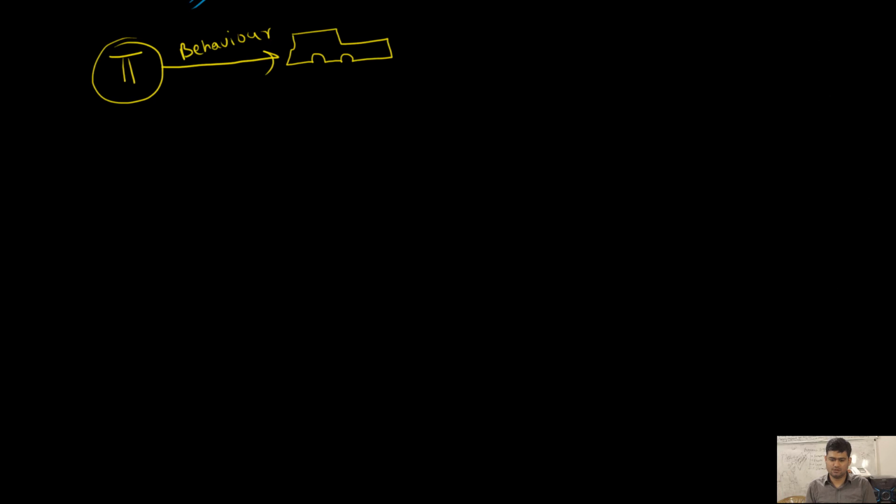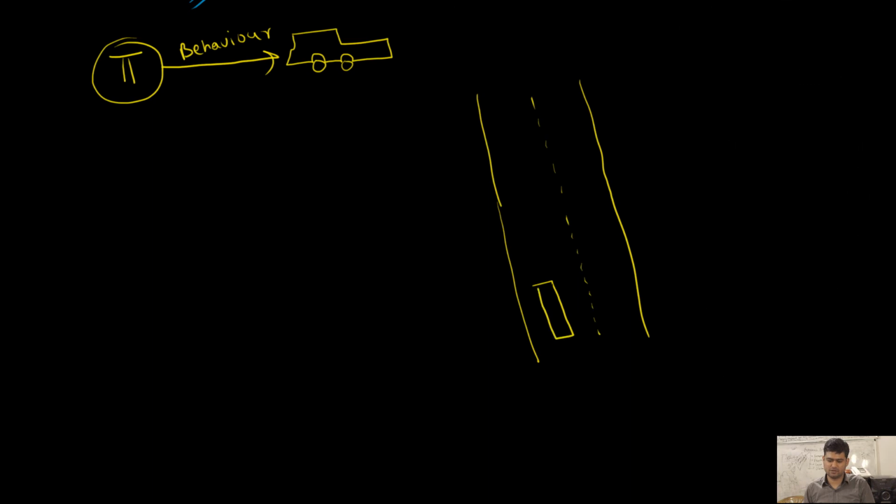Let's suppose you're driving on an Indian road, a single lane Indian road, or perhaps a double lane Indian road. So this is your vehicle, which we are denoting by a square box. It's going in that direction.